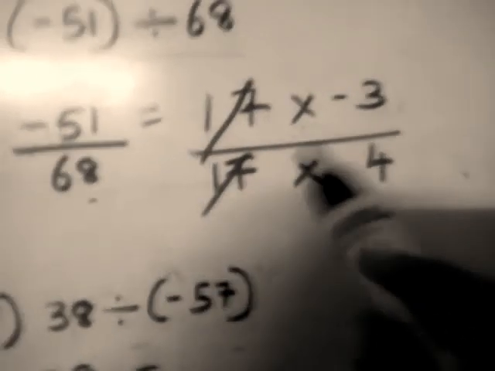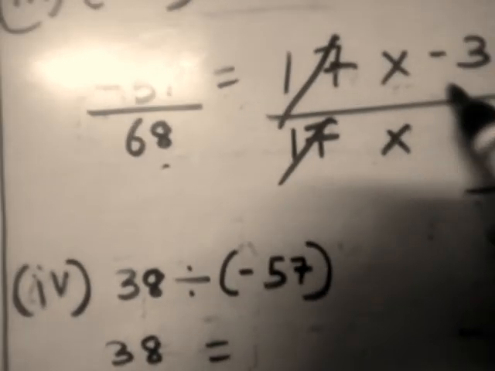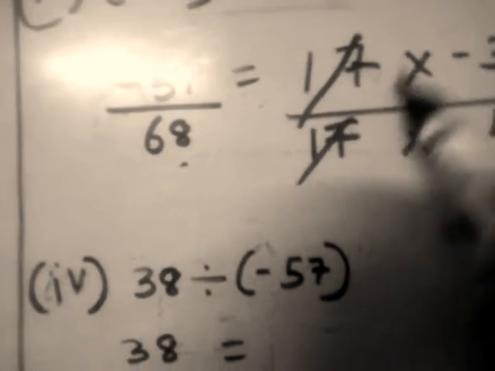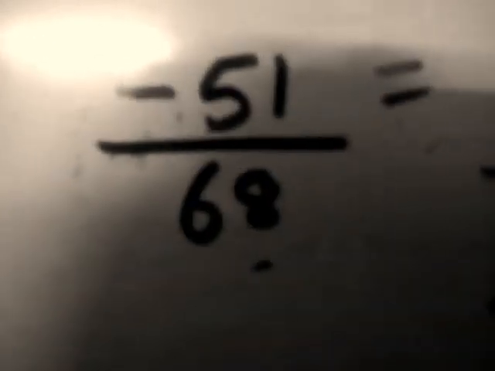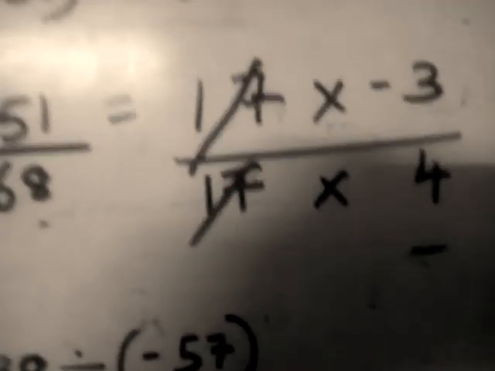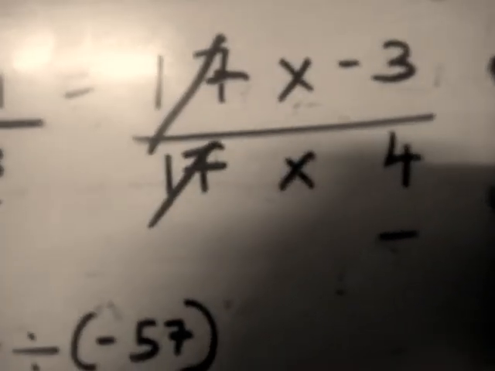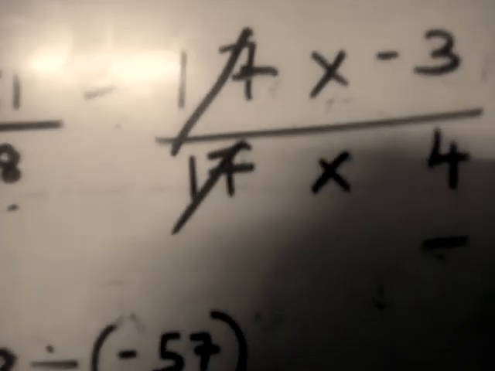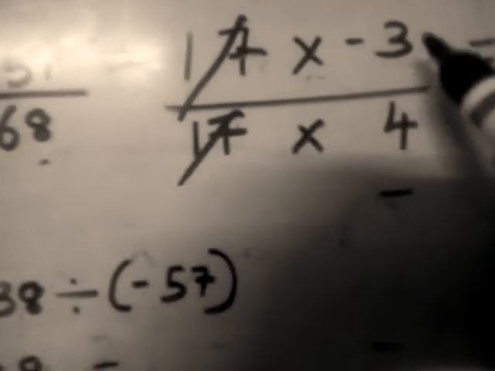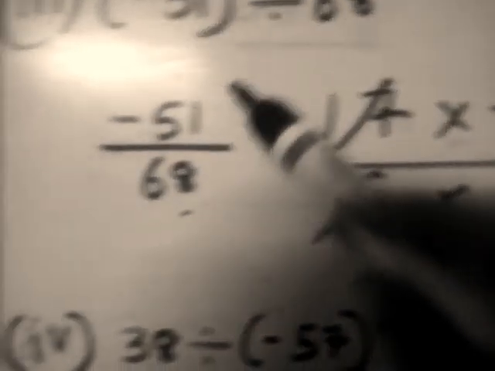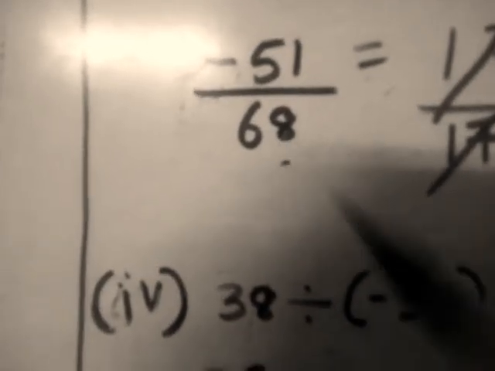Now look here, 17 into minus 3. One you have to write in negative form and the other one in positive form. Plus into minus is minus. On the numerator one negative sign is given. Look clearly here, 17 gets cancelled. So your answer is minus 3 upon 4. If you cancel both 17 in numerator and denominator, your answer is minus 3 upon 4, because both numbers are divisible by 17.